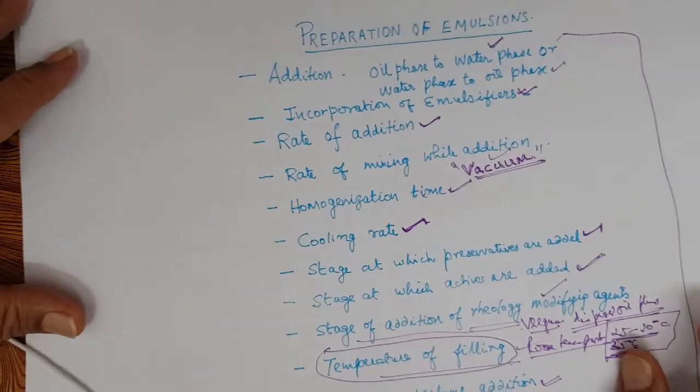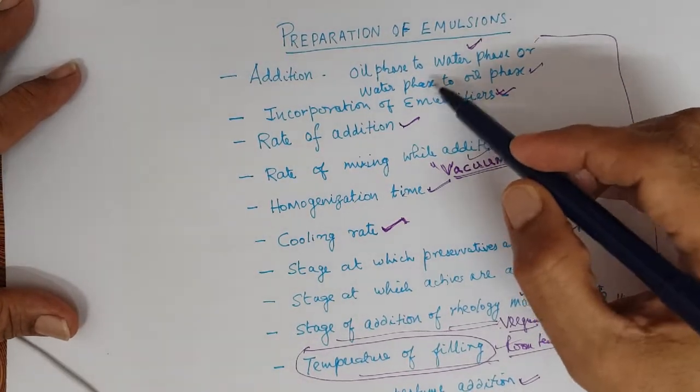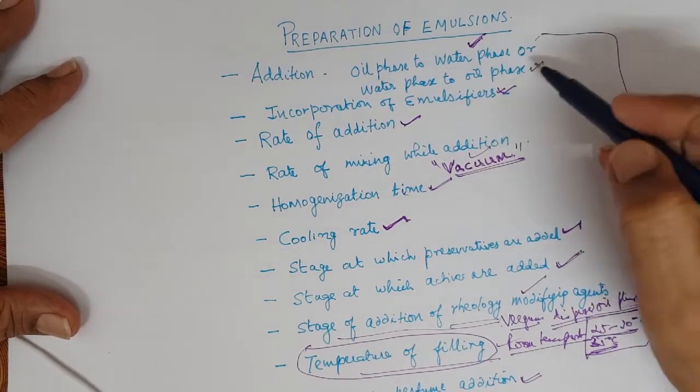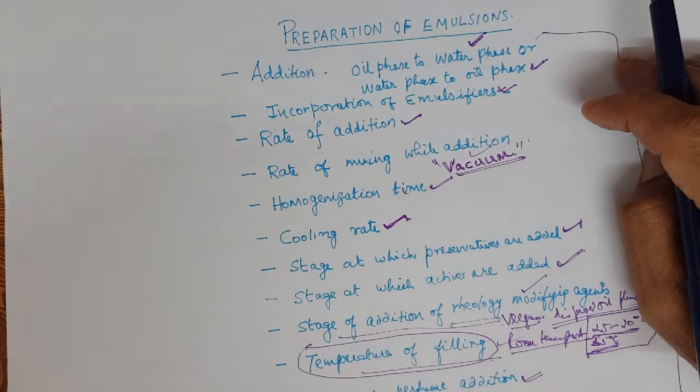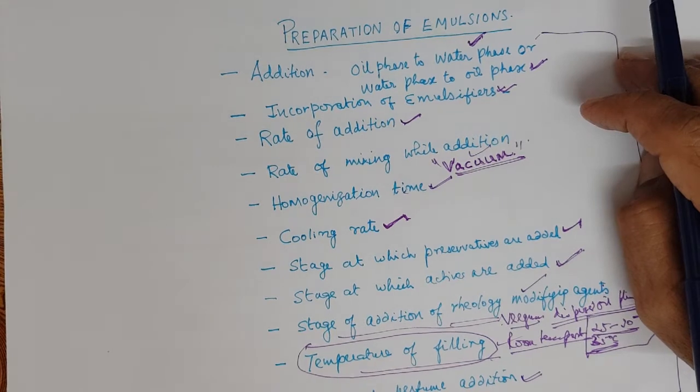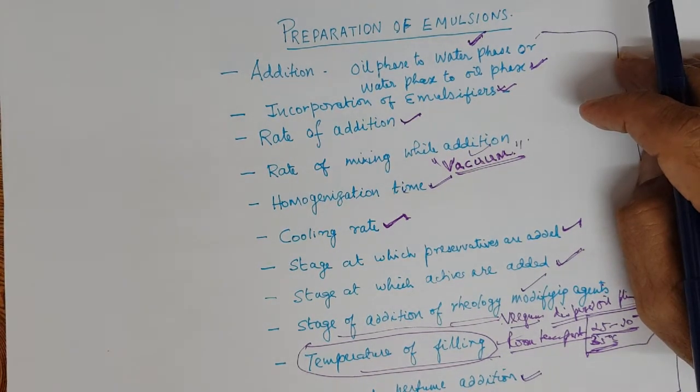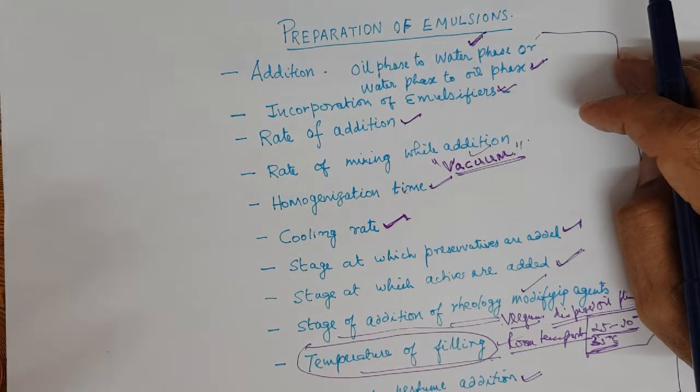But there are certain aspects which you have to see. Whether the oil phase is to be added to the water phase or the water phase to the oil phase. These are all decided during the design of the emulsion, right? Some of these aspects are finalized in the lab scale batches itself.